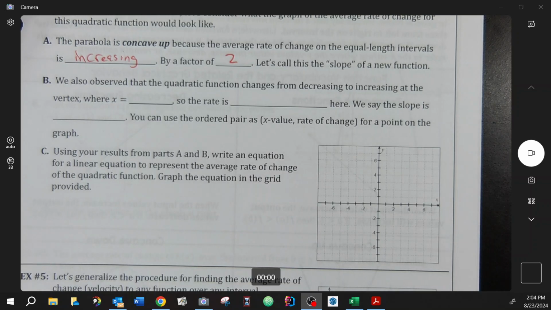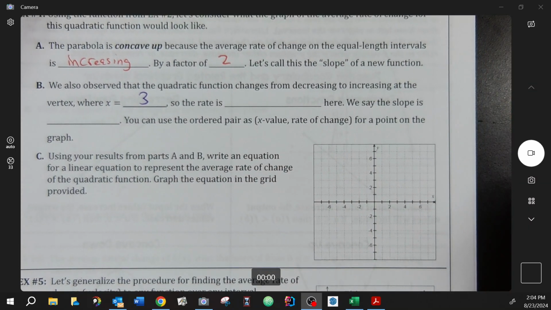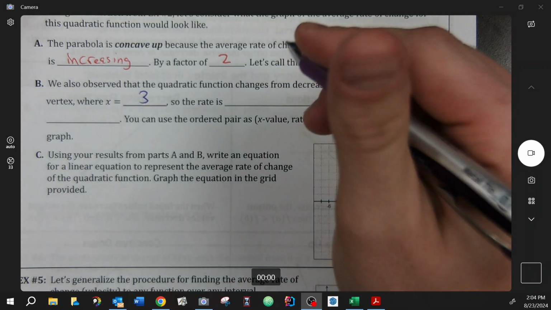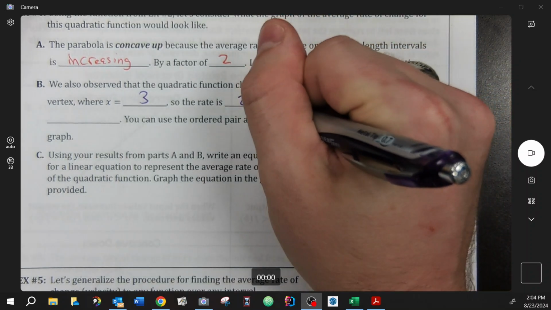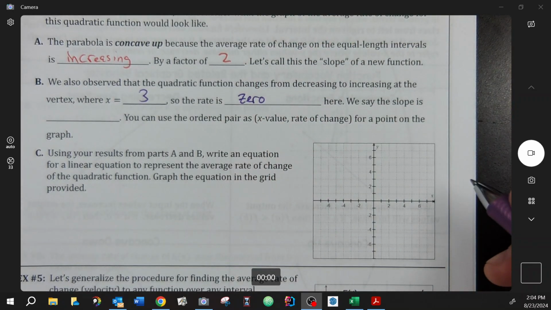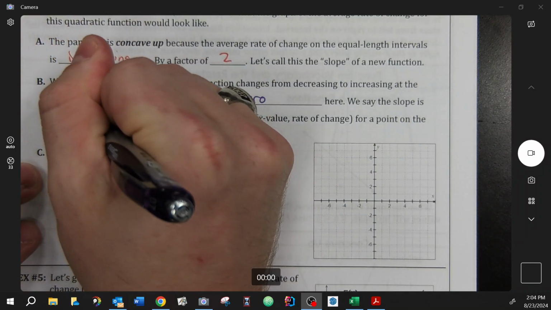And at the vertex, x was 3. Because it was a turning point, we know that the rate there is 0. Because the rate is 0, we'd say the slope is constant, meaning that slope is not changing there.